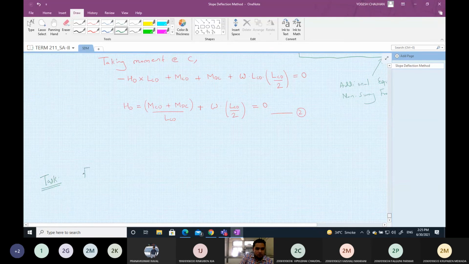Formulate the additional equilibrium condition for sway frame.